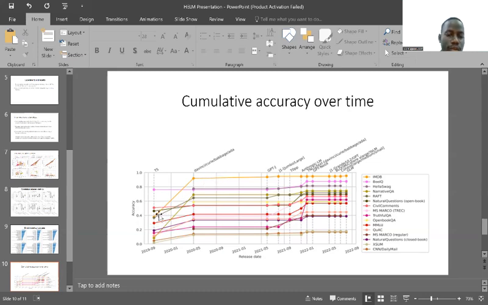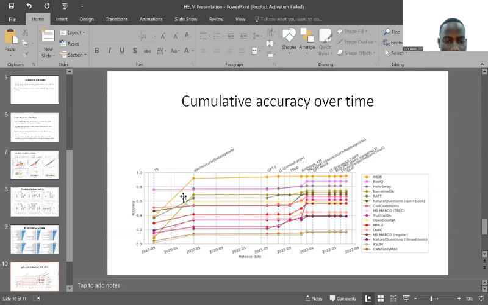These ones represent the scenarios, and we can see that text DaVinci, which is in the yellow, started with a very low accuracy, below 0.4 in 2019.